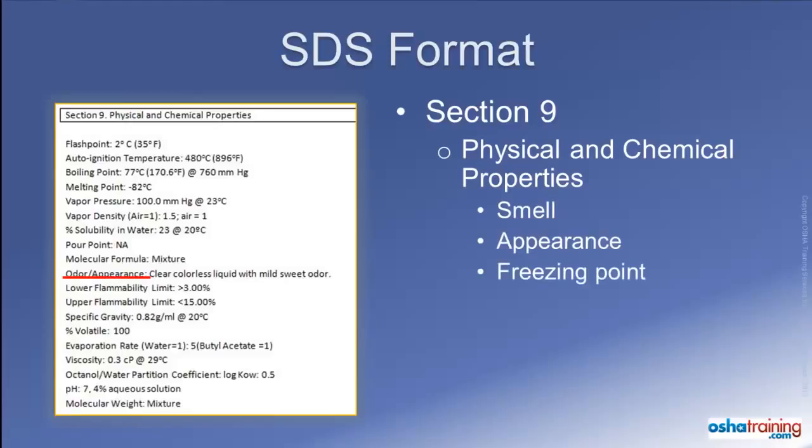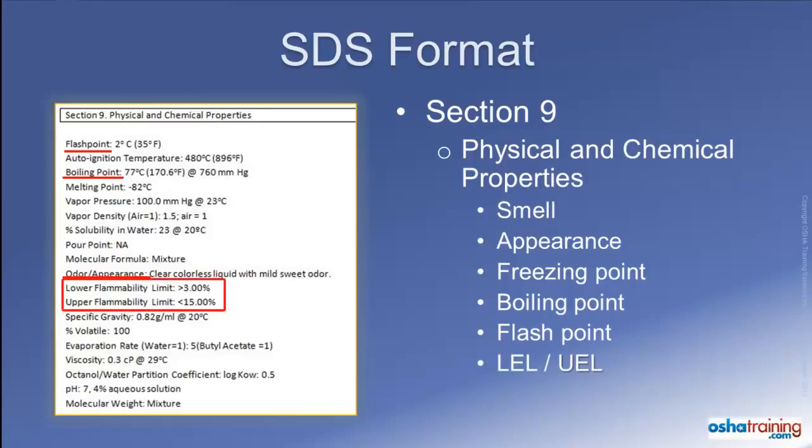At what temperature does the product freeze or boil? They may also need to know at what temperature the product emits enough vapors to catch on fire or cause an explosion. How much vapor must be present at the point of ignition to burn or cause an explosion, and are the vapors heavier than air or lighter?